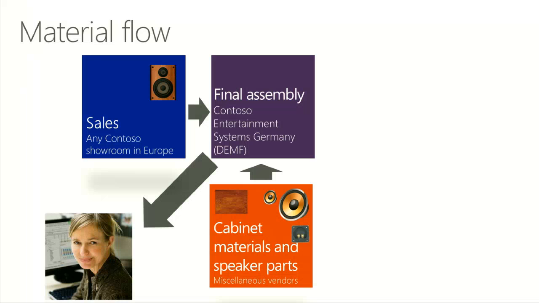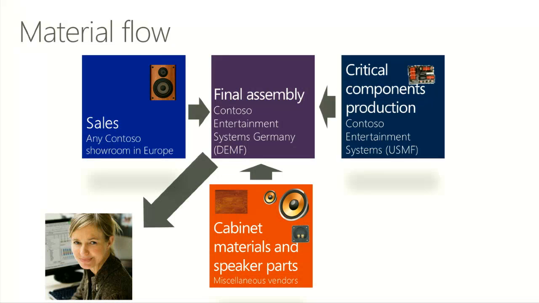And the German subsidiary is fed from, or is purchasing, cabinet and materials, speaker parts, directly to that subsidiary. It also purchases critical components production from the US. These critical components are not purchased to order, but they are purchased on forecast. So we will show you how the forecast will behave in an intercompany scenario as well.